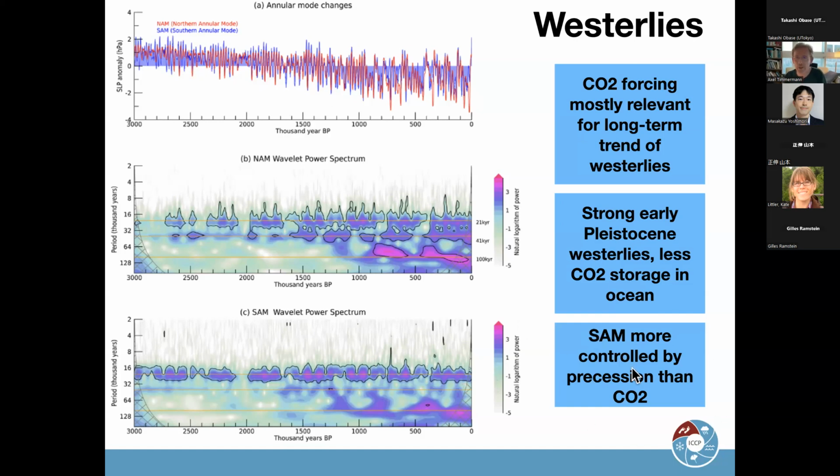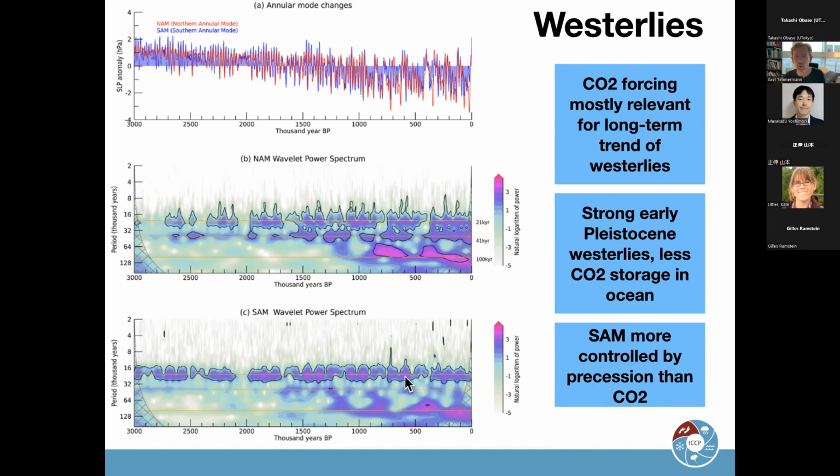And that is relevant for understanding CO2 changes, because the CO2, at least in the EPICA time series, does not have much of a precessional variability, much more, of course, 80 to 120 and 40 kiloyears. So that's an interesting one, which challenges the importance maybe of westerly changes in driving CO2 variability as previously suggested.